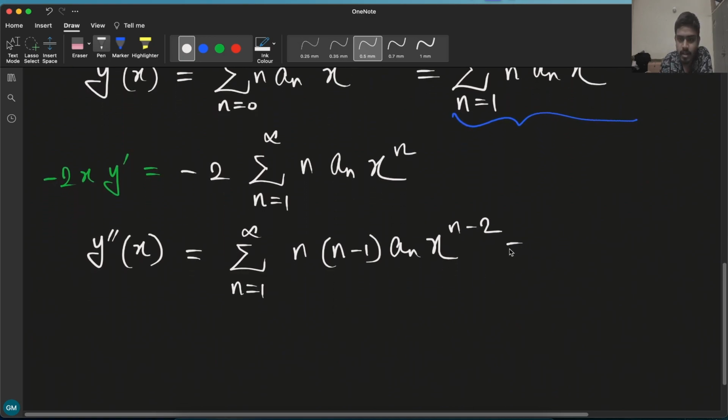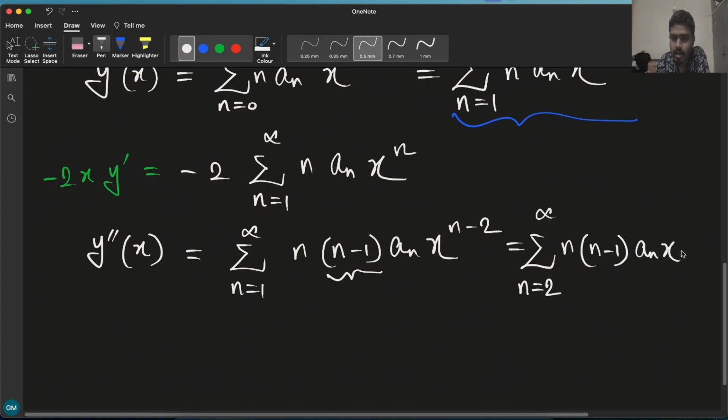Now you can see that if I put n equals 1, the factor n minus 1 sitting here will be 0, so the whole term will be 0. So the n equals 1 term contributes nothing in the summation. That means I can start it from n equals 2 to infinity: n times (n minus 1) a_n x to the power n minus 2, right.